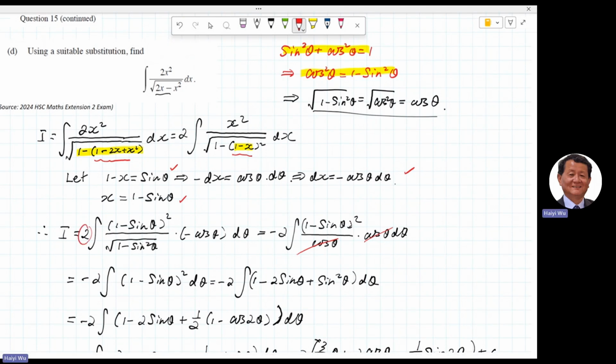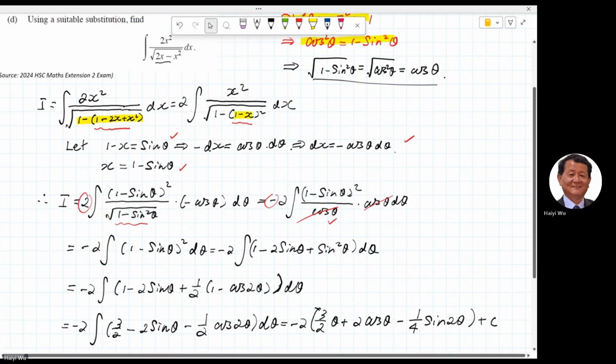Now the top is x, which becomes 1 minus sine theta squared. Then the denominator is the square root of 1 minus sine squared, which becomes cosine theta. Then you also have the negative cosine, or move the negative to outside, so the cosine cancels with the cosine.